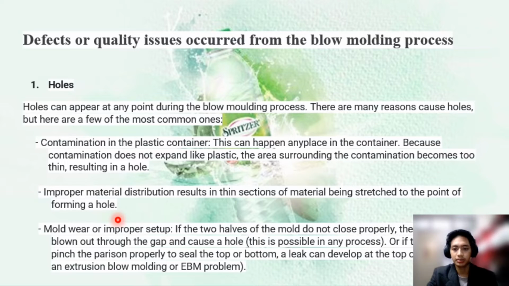This is possible in any process if the pinch of the parison does not properly seal the top or bottom. A leak can develop at the top of an extrusion blow molding or EBM problem.